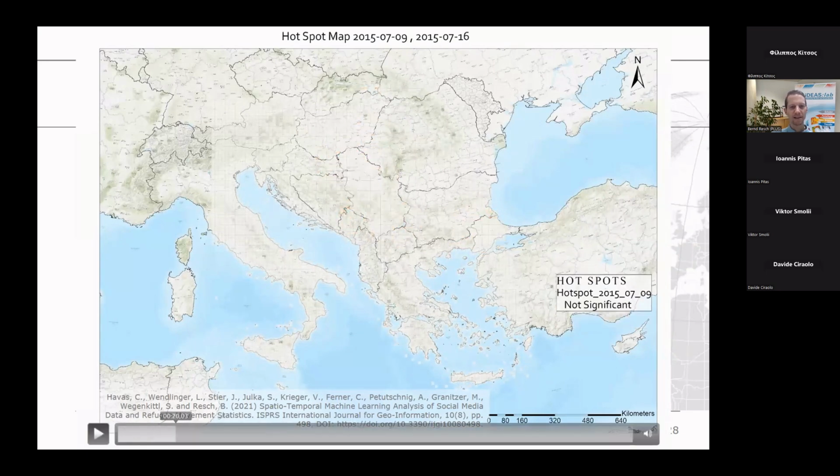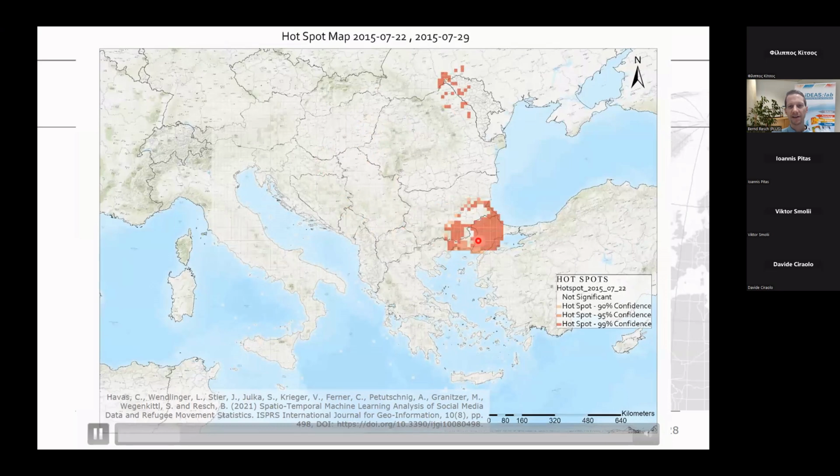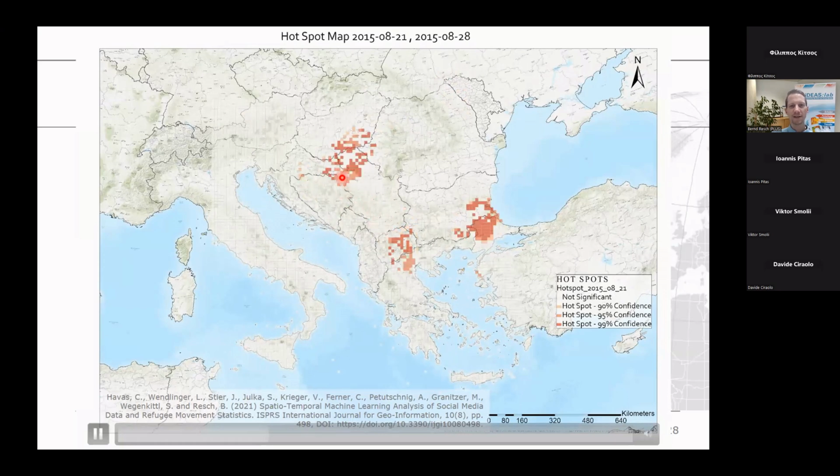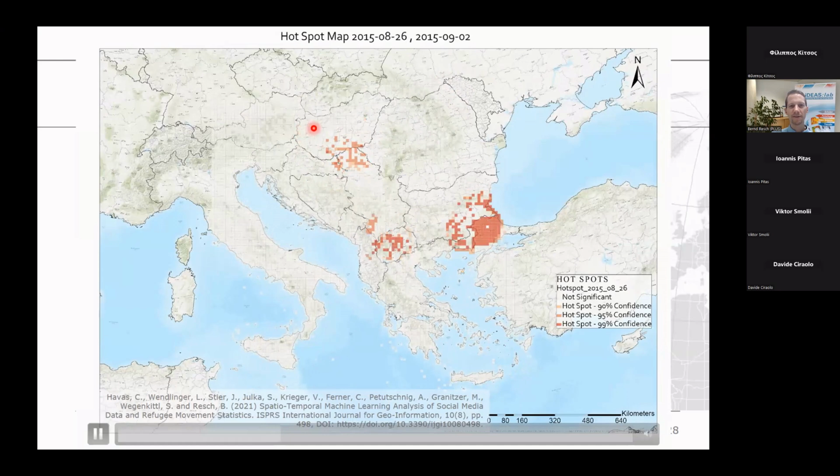What you see in the beginning is that the area down here, the Turkish-Greek border, is very strongly frequented, mostly on the Turkish side. And then a little bit later, things start moving up to the Balkan countries, and then it swaps over very strongly to a hotspot in the Serbian-Hungarian border region.